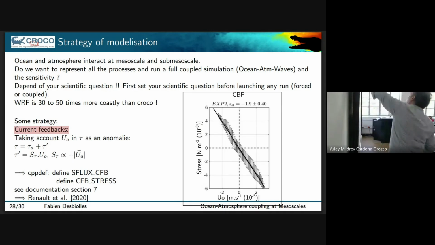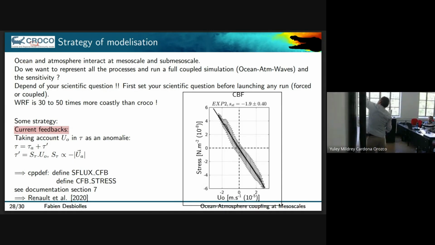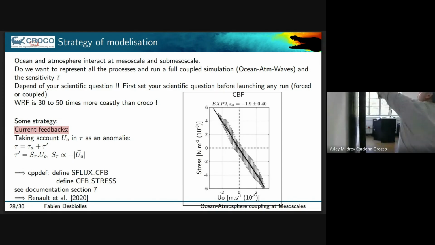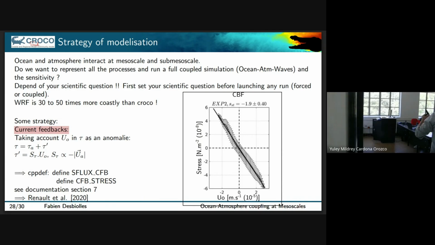Lionel calculated that anomaly, and it is linearly dependent on the surface current. So we can evaluate our anomaly of the stress as a function of the current, and by doing that, we parameterize this current feedback.